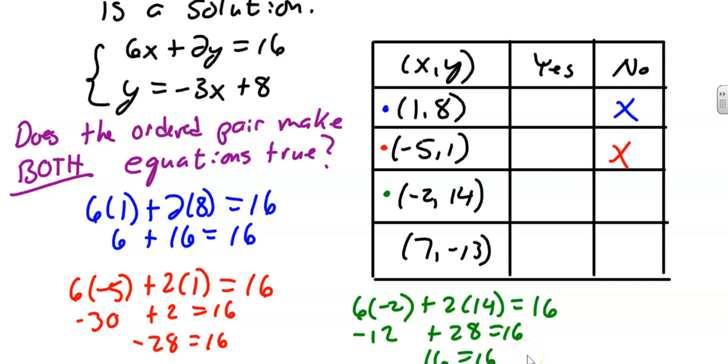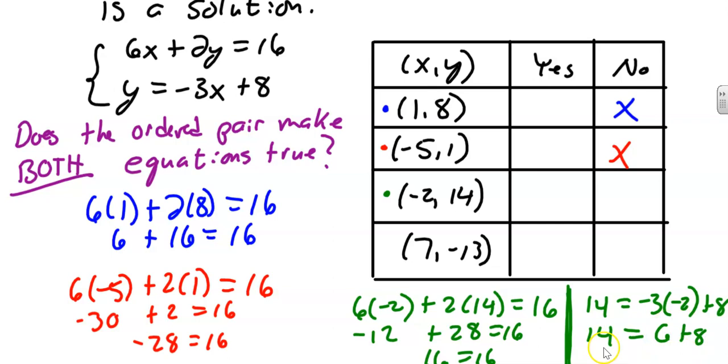So far, first equation is good, but we have to check it in the second equation too to make sure it works. So on the second equation, 14 equals negative 3 times negative 2 plus 8. Does 14 equal 6 plus 8? Yes, it does.